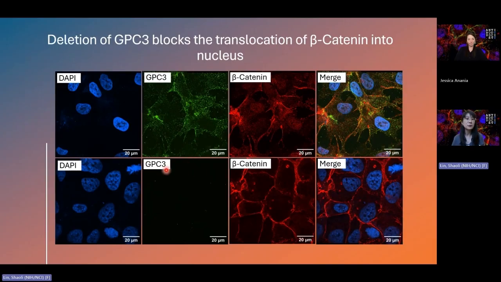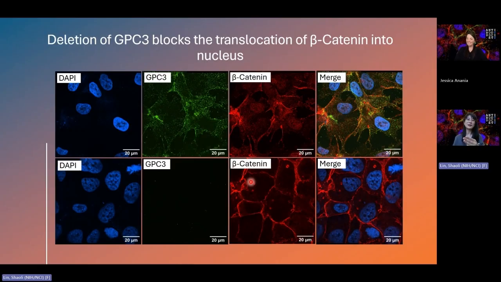However, when we knock out GPC3 here, we see that the β-catenin only localized to the cell membrane and cytoplasm, not in the nucleus, indicating that truly GPC3 is responsible for the activation of β-catenin and the subsequent tumor growth.